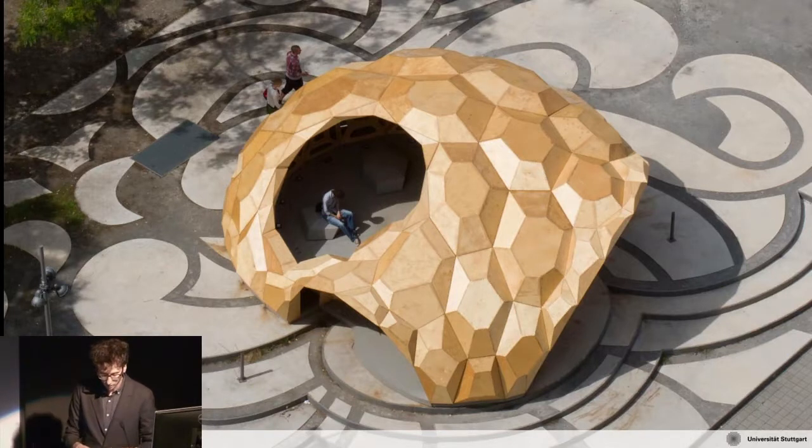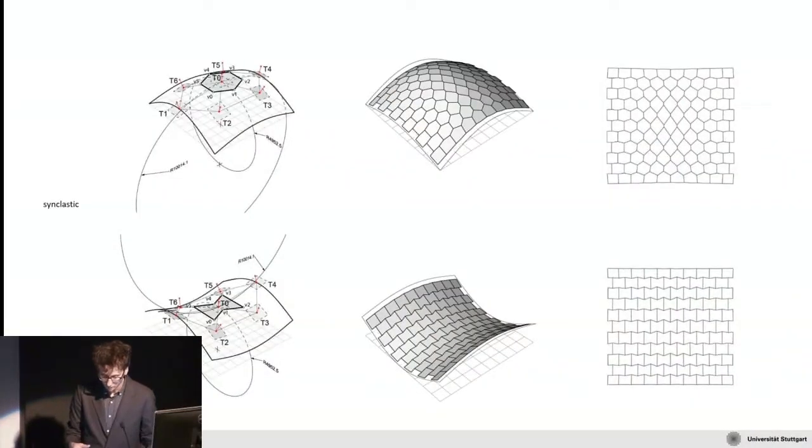But building such a building as a proper building on site with contractors, of course, it is essential to have an efficient surface division, to have not too many elements and to assemble them in a really quick way. So in a continuing project that was given to us and also extended by additional funding through the government, we started to transfer this general idea of having planar plates, basically segmenting complex surfaces.